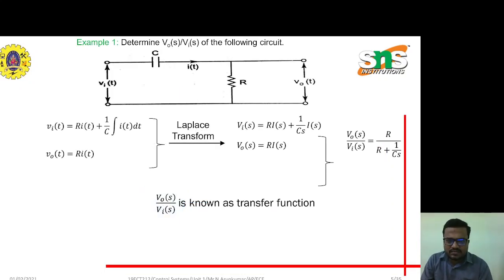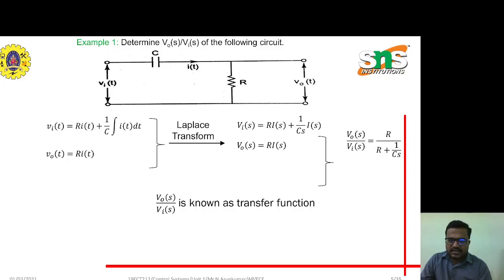Let us consider an example of an output signal. Here we are going to consider how the input signal is converted into the Laplace transformation. Initially we write the input signal as v i of t equals R i of t, the resistor term, plus 1 by C integration of i of t dt.